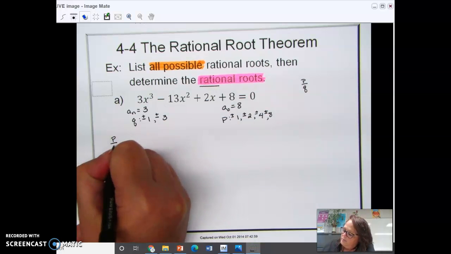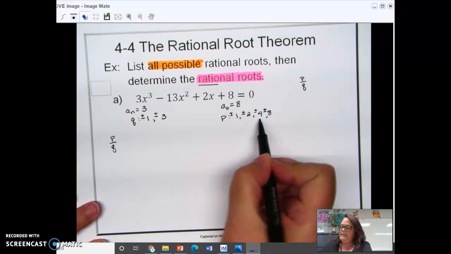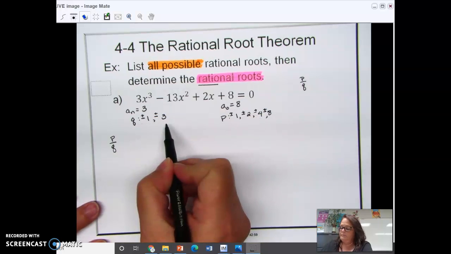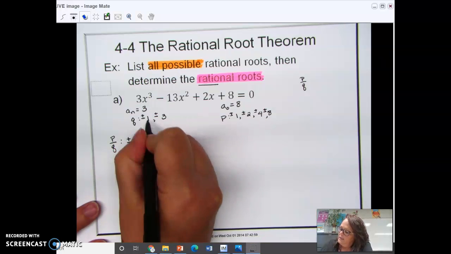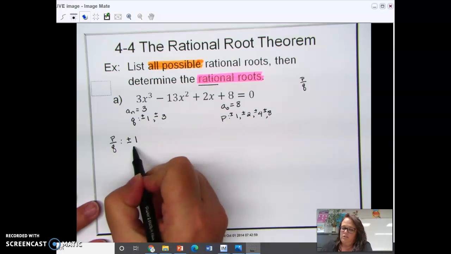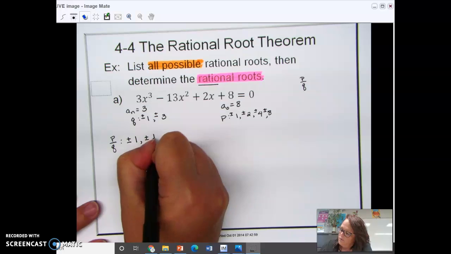So all possible p over q's, and this is where I think about going to a dance where a boy has to dance with a girl or whatever you want to name them. So each of these people need to dance with each of these people, okay? So if we start with the 1, do you see that the 1 could dance with the 1? 1 over 1 is just 1. Or the 1 could dance with 3, and we get 1/3.